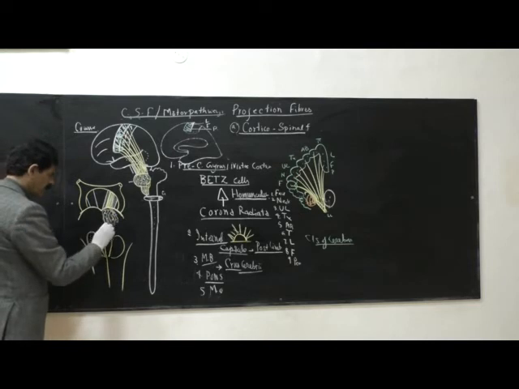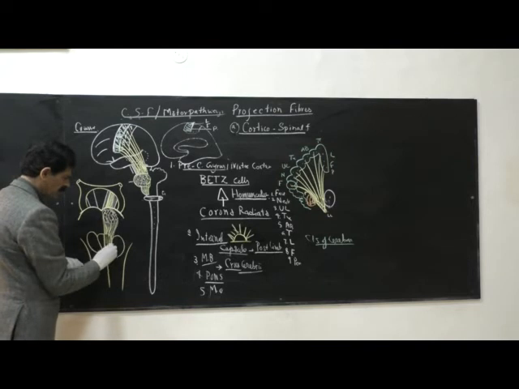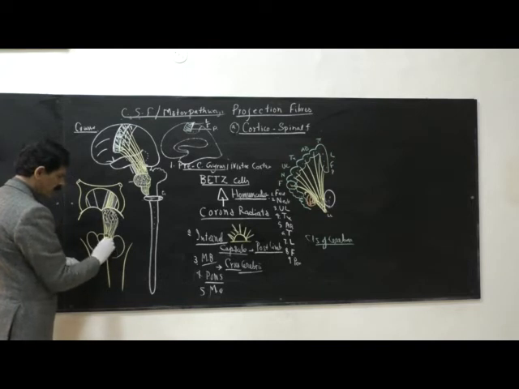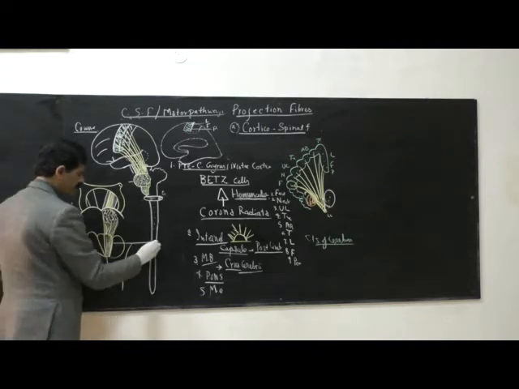So these fibers are now leaving the pons and entering into the medulla. On the ventral aspect of the medulla, all these fibers become very close and very compact, and they form a surface elevation which looks like a pyramid, and that's why this part is called the pyramid.